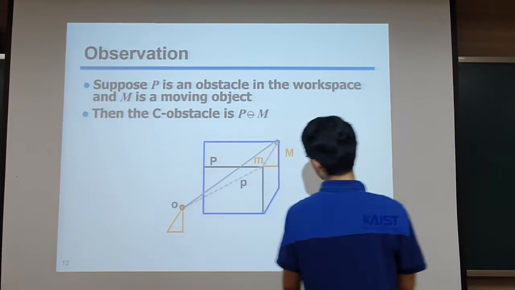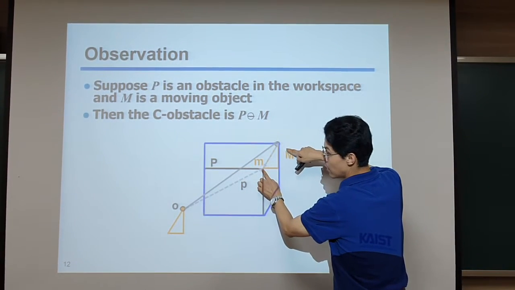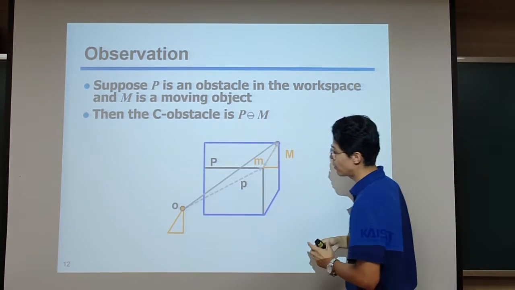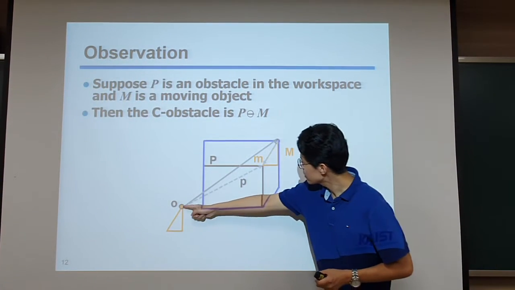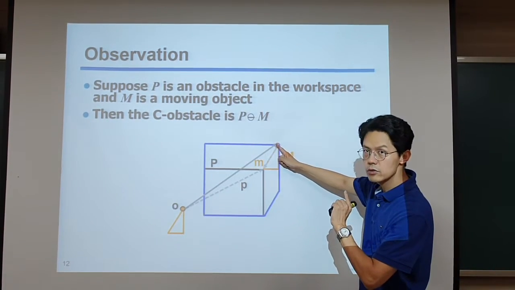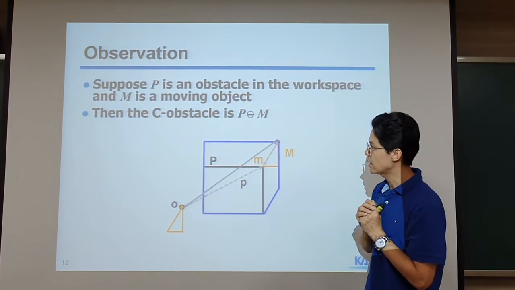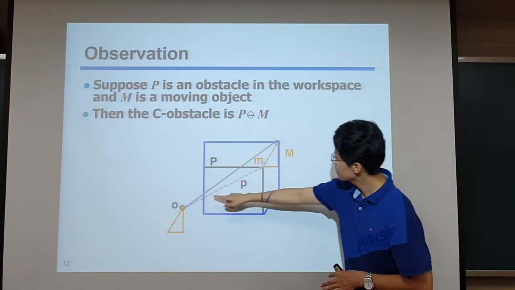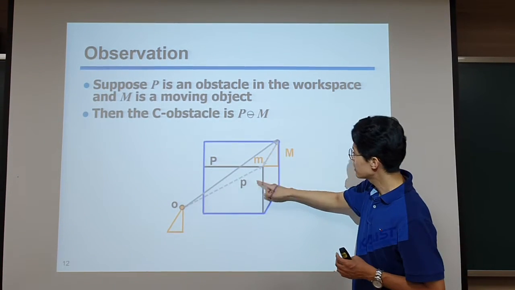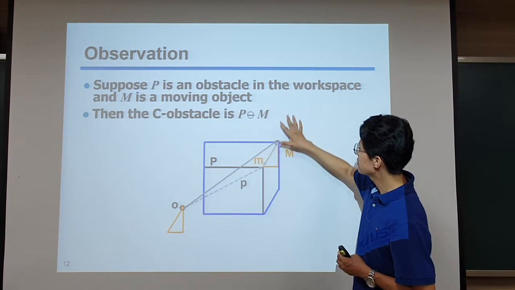So you can see that we have two vectors here: this vector from the obstacle, and another vector from the robot. Then how can you compute this vector, which indicates the reference point of the robot where we have contact in the C space? As you can see, this vector is the difference between this P vector and this minus M vector. That's why you can see the C obstacle space.